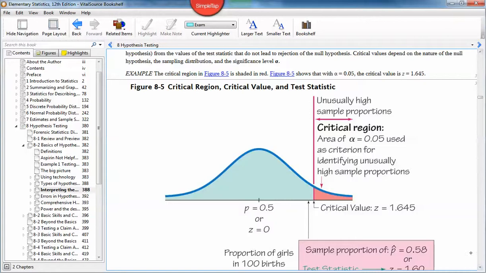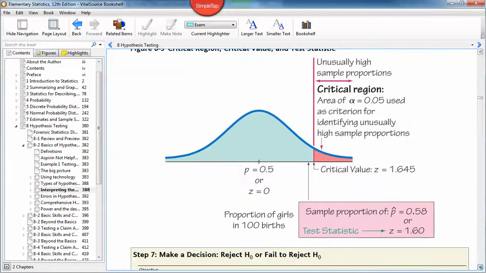Alright, so after you find the p-value, how would we use that? We use the p-value with the significance level. If the p-value is less than the significance level, then we will reject the null hypothesis.